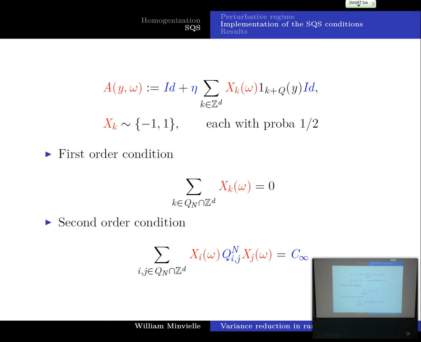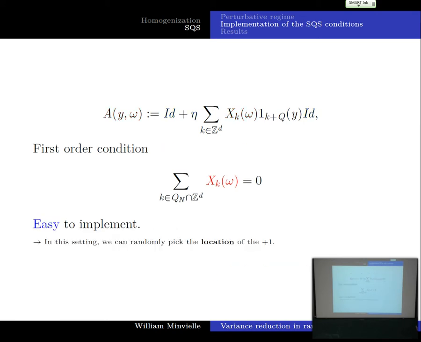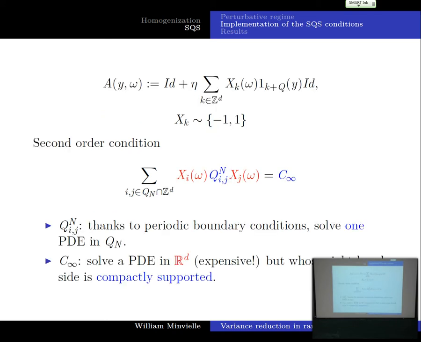And when I've explained to you how to compute the blue quantities, I will be in good shape to evaluate these conditions. So, okay, just the first order condition first. Actually this is very easy to implement. I will tell you later how the numerics work, but you can see that it's actually very easy to implement.